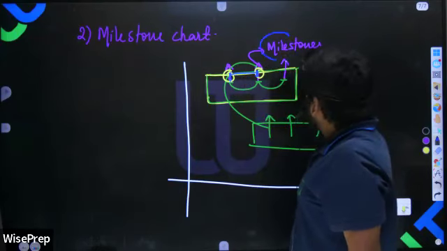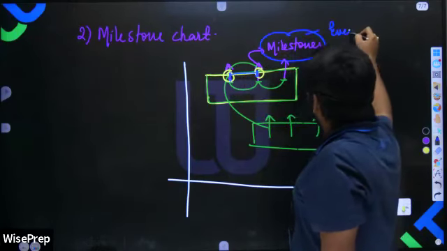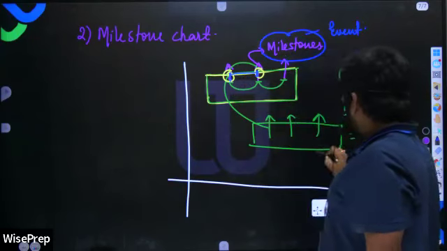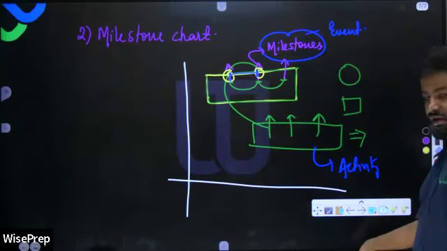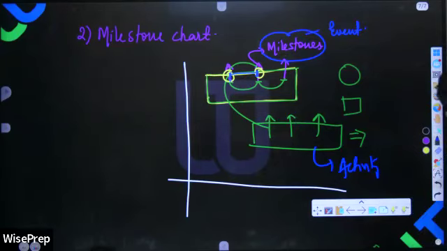So milestone chart is what? This is generally asked in objective exam. Event oriented. And this bar chart is activity oriented. All right. So write down.